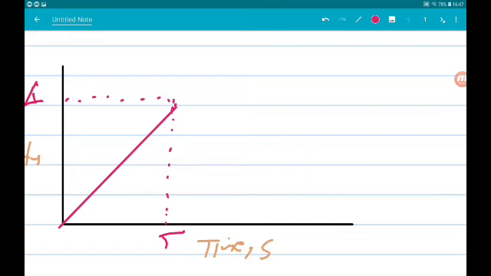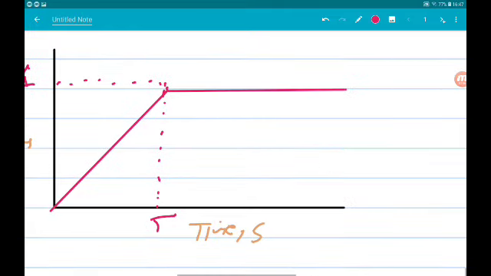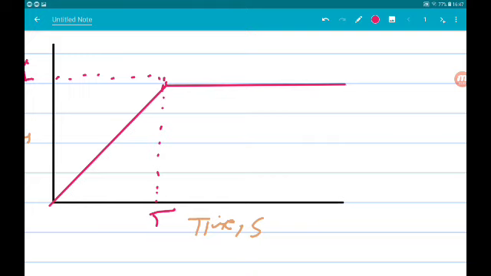So that's just a horizontal line going across like that. Now we know the whole run takes him 12.5 seconds. So there is our graph.